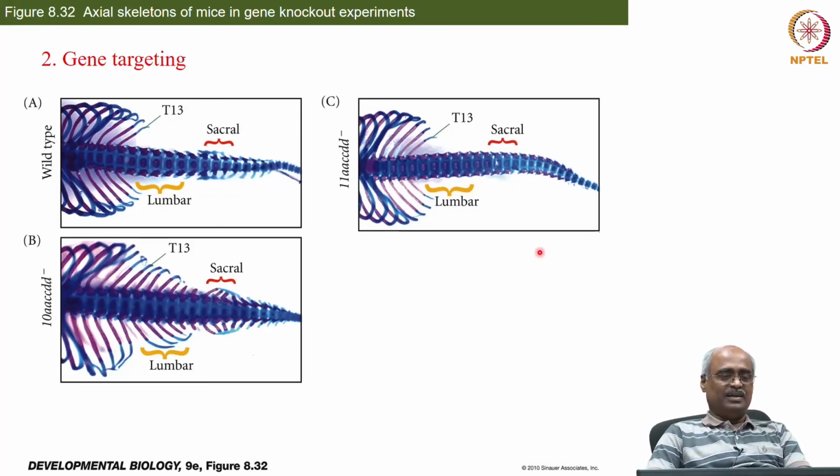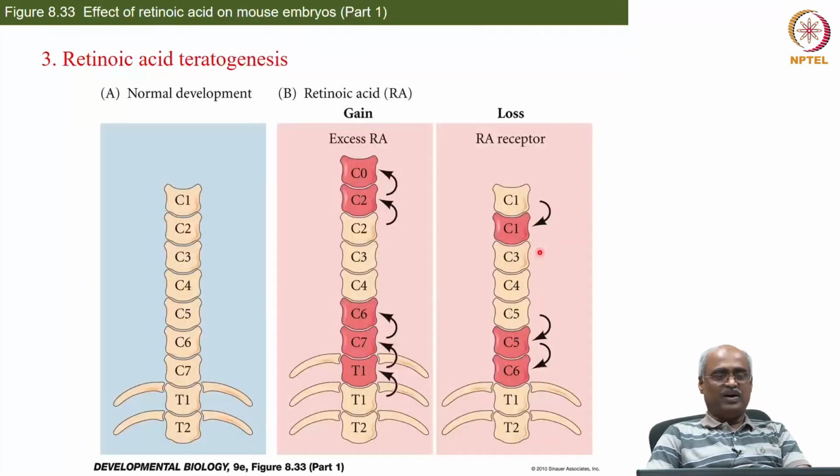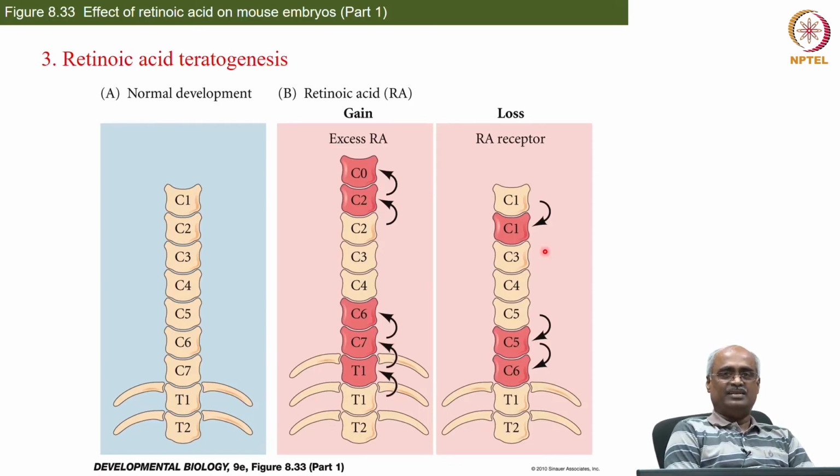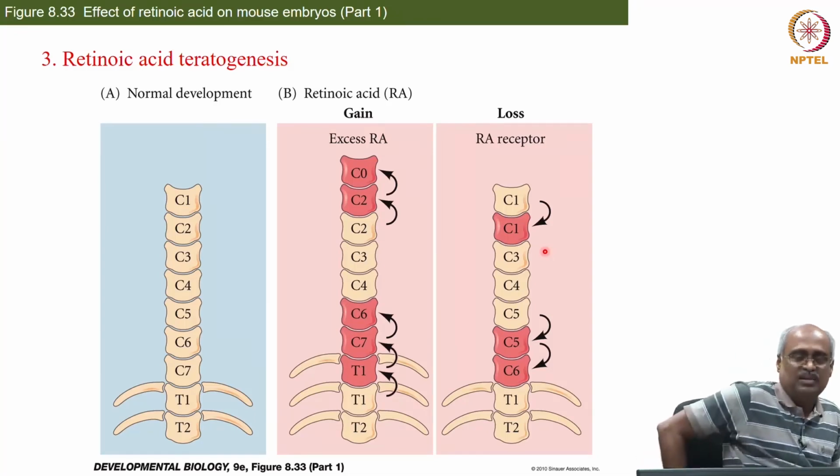So the third is retinoic acid. So remember retinoic acid will mess up the anterior posterior axis, and we just saw that retinoic acid is expressed highest at the posterior where its synthesizing enzymes are present, and it is degraded as you move anteriorly.